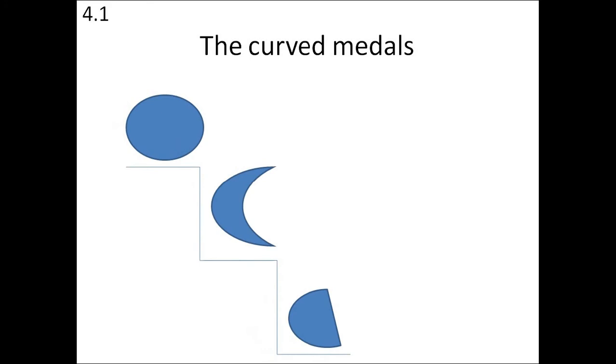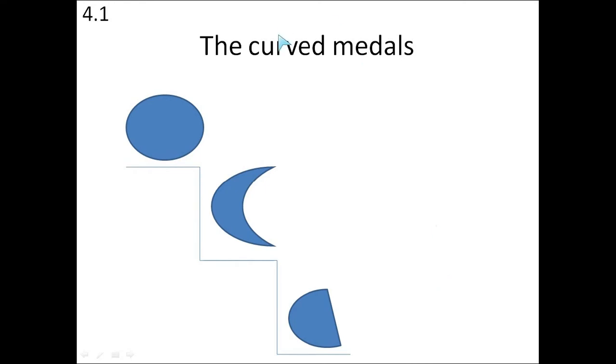Now let's look at the other shapes that participated. The circle obviously rolled down fastest, and then the crescent, and the semicircle got stuck somewhere halfway down and then slowly slid down. Hence the first rank is the circle, second position is the crescent, and in the third position is the semicircle.